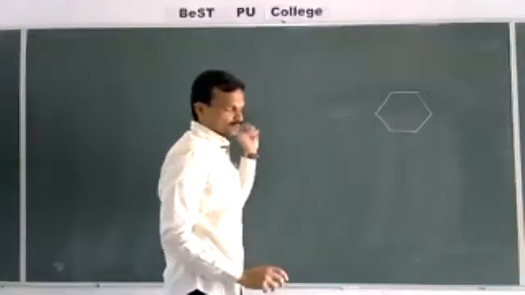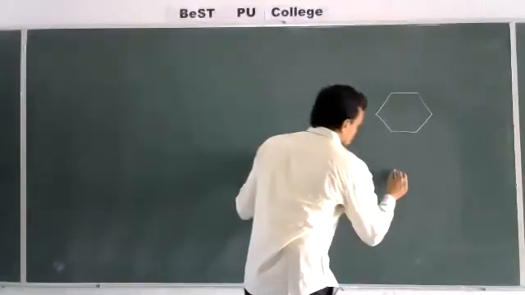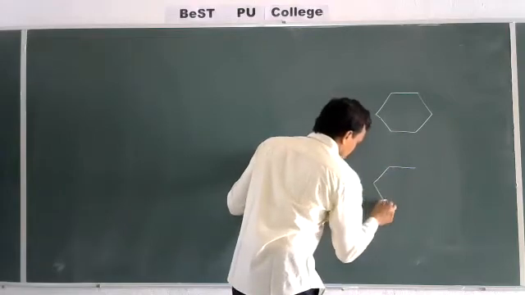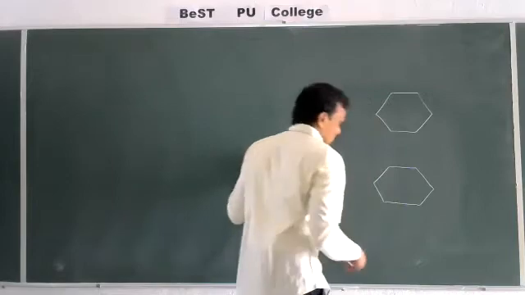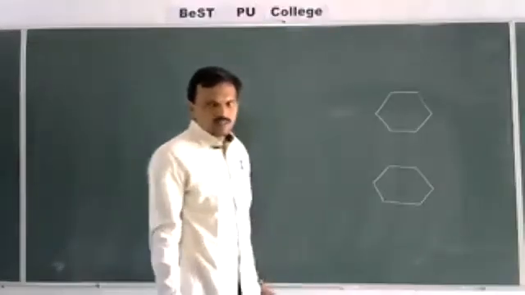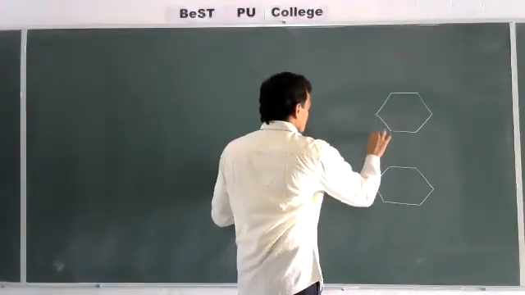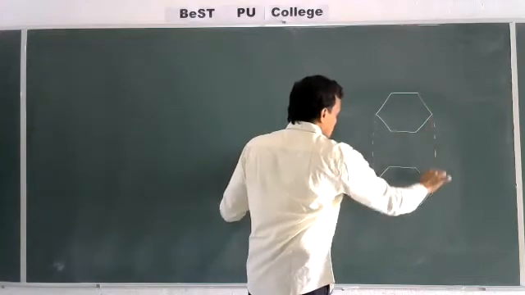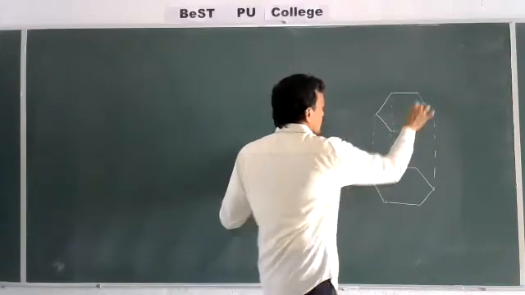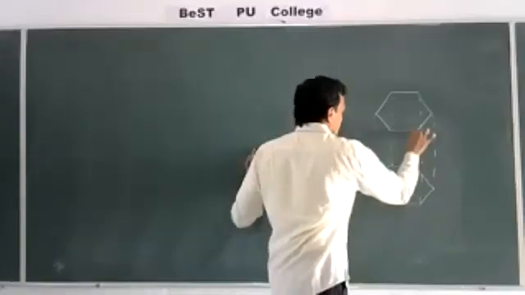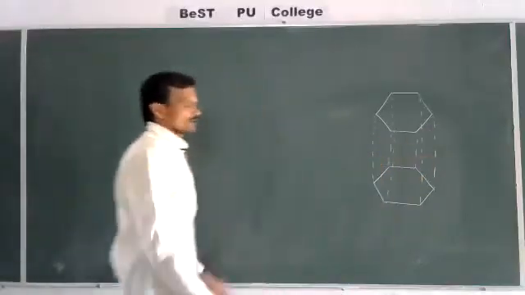This is one hexagon. This is one more hexagon. Now if we join these two, the similar positions, this is the hexagon.